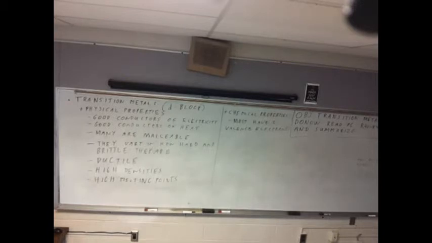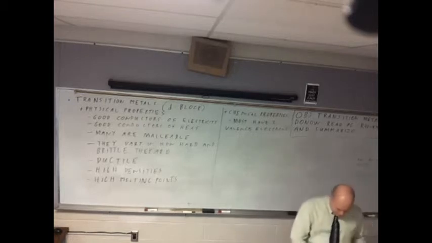Group 2 all have 2 valence electrons. And then everything from here all the way over to this column here, number 12, the zinc, they all have 2 valence electrons also. Or that's what we're going to assume. It's not every single one of them, but it's most of them. So from group 2 to 12, all 2 valence electrons. And then 3, 4, 5, 6, 7, and 8. So each group number after that is how many they have. All right.